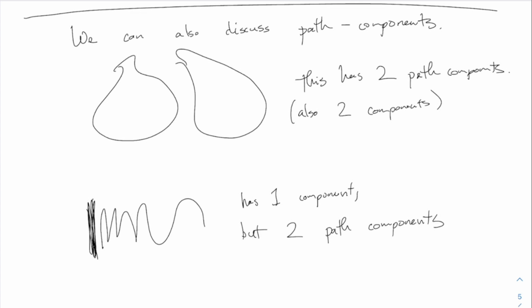The vertical part is one path component, and the curve is the other path component. You can say a lot of theorems about path components versus components, which I don't really want to get into, but you may be encouraged to think about this on your homework.